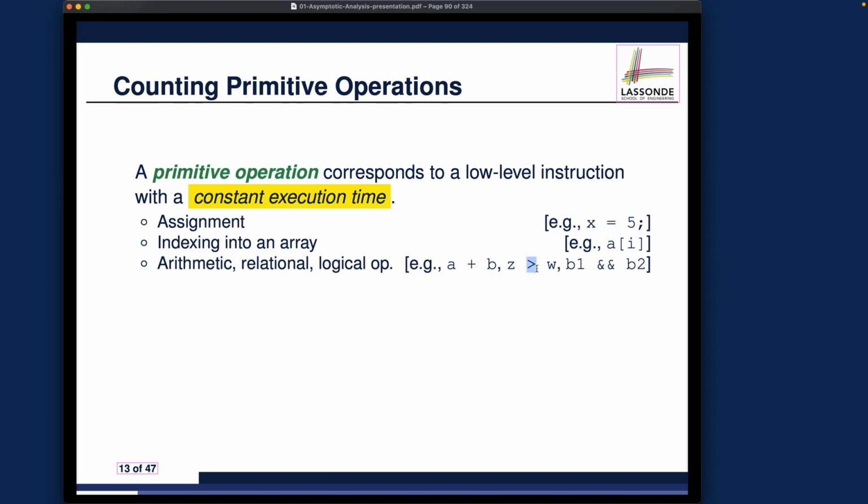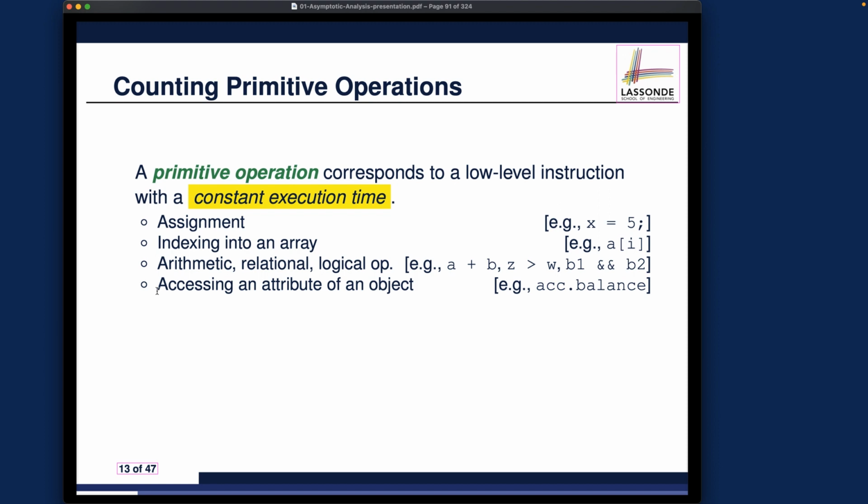And this is the relational operation: larger than, less than, larger than or equal to, less than or equal to, and also equals. And this will be the logical operation: the negation, the exclamation mark, the ampersand for conjunction, and the vertical bar for disjunction. That's all you learned in the earlier foundational course in Java. So these are all considered primitive operations.